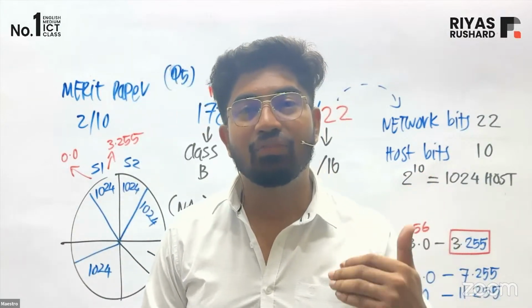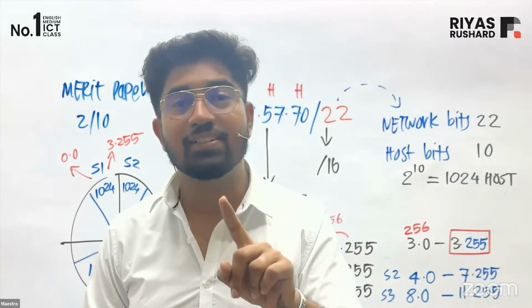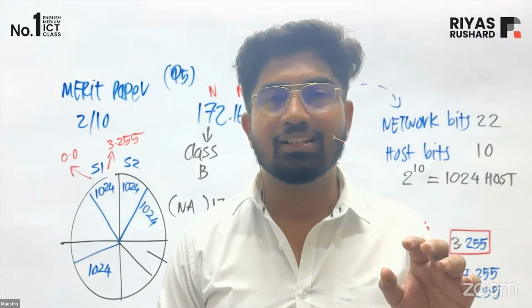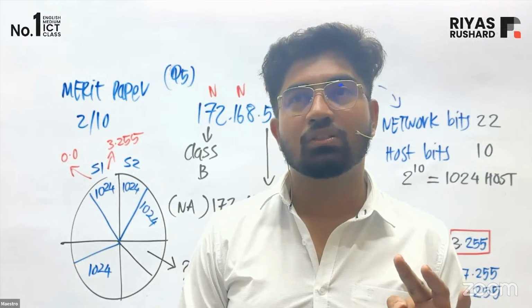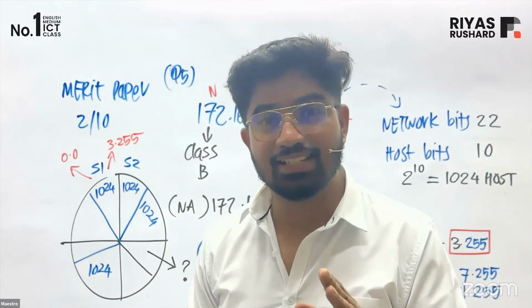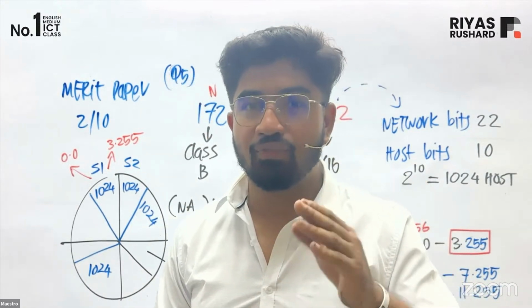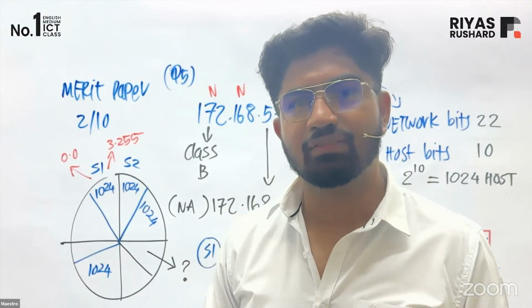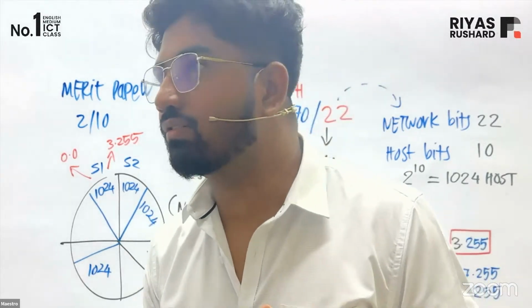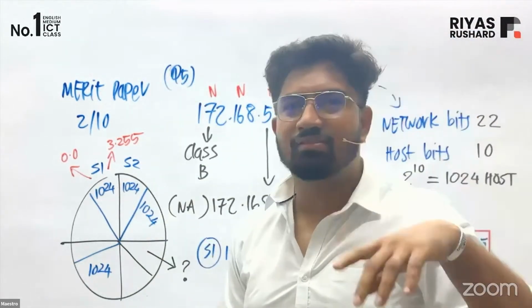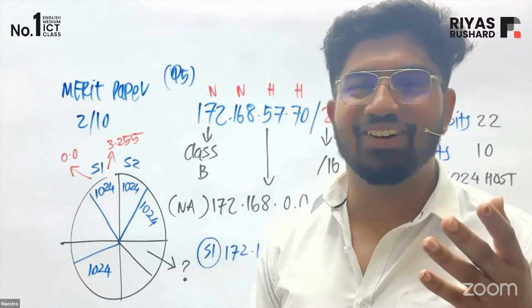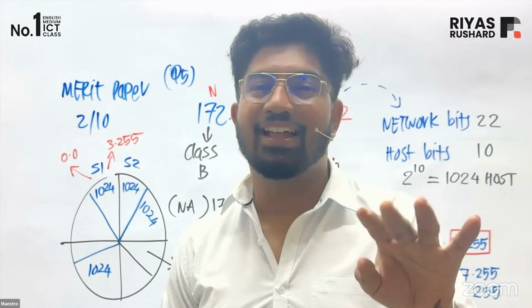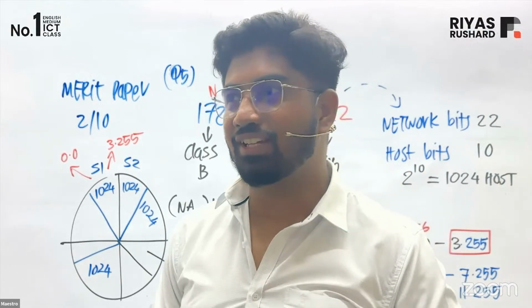So 0, 4, 8, 12, 16, 20, 24, 28, 32, 36, 40, 44, 48, 52, and then add another 4, 56.